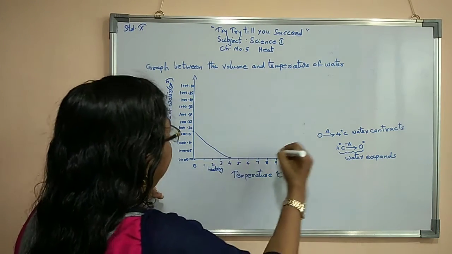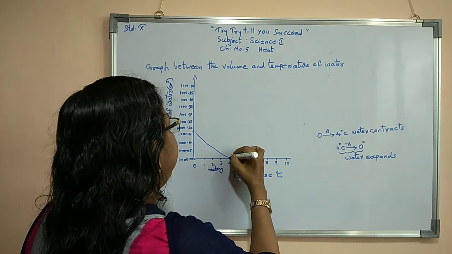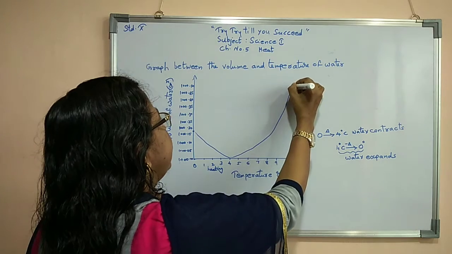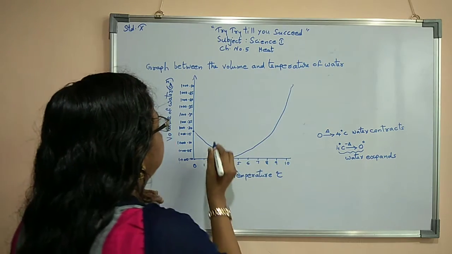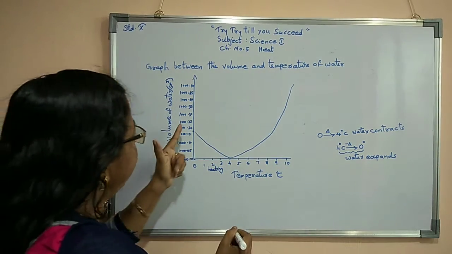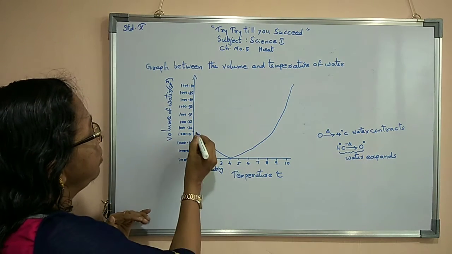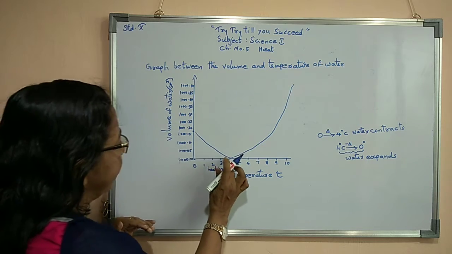After that, if you are heating it again, you can find that the water starts to increase its volume. So as and when we heat the water from 0 degree to 4 degree Celsius, water contracts.